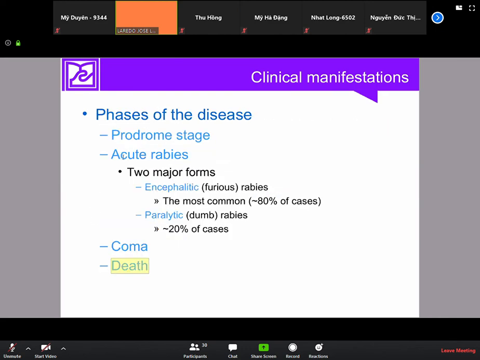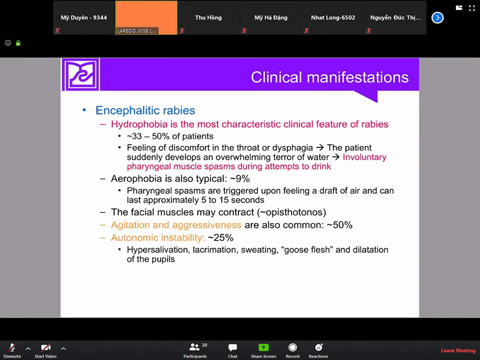So look, acute rabies is found mostly as encephalitic furious rabies. Furious means aggressive, okay? 80% of cases. Patients with encephalitic rabies, the most characteristic finding is hydrophobia.